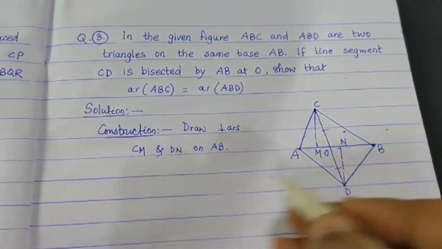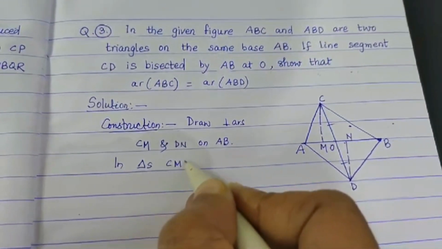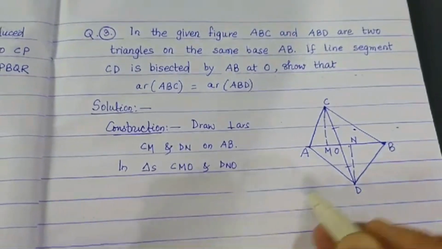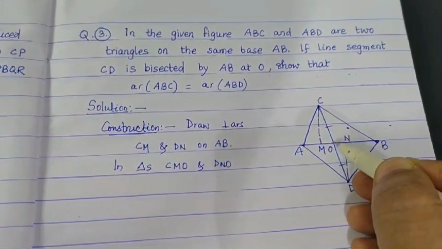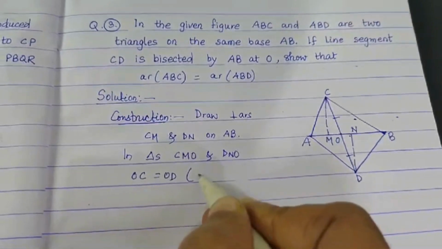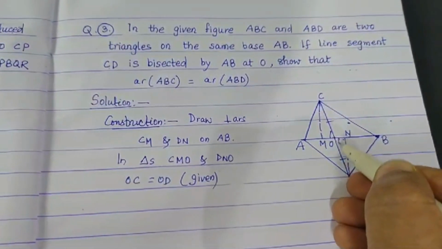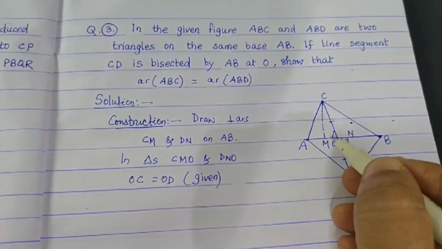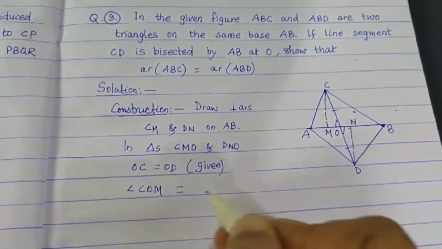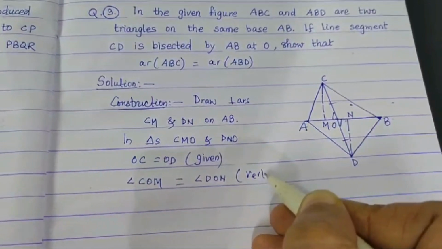Now what we will do, we will prove these two triangles CMO and DNO congruent. So in triangles CMO and DNO, what do we have? OC is equal to OD, it is given. This angle is equal to this angle, vertically opposite angles. So angle COM is equal to angle DON.